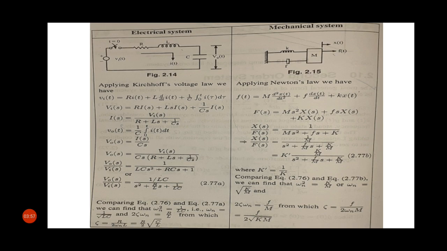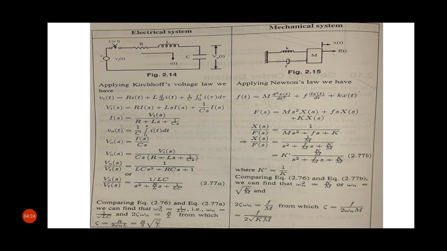Now we calculate the transfer function. Transfer function is nothing but output transform by input transform. Here output is V0(s) and input is V i(s). So transfer function is V0(s) by V i(s), and this is equivalent to 1 by L C s square plus R C s plus 1.